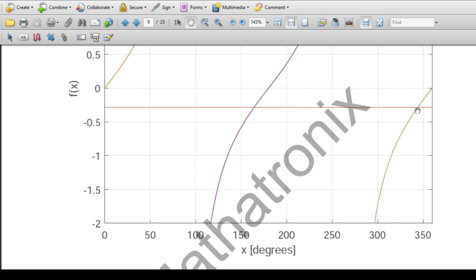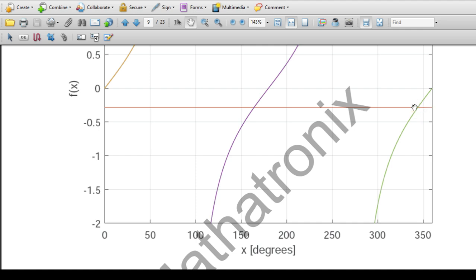So this point is our solution, and this point is our solution, which is in the second quadrant, from 90 to 180 degrees here. This is the second quadrant, and this is from 270 to 360.